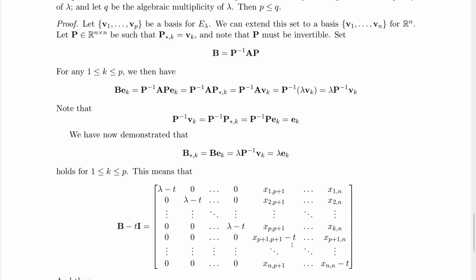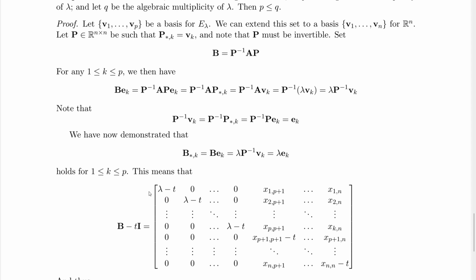And note on the rest of those diagonals we're subtracting T. But note something about this particular matrix. What happens when you take the determinant of this? Well, by cofactor expansion, because of all of the zeros present, when you cofactor expand, this here will isolate this term, but then a bunch of zeros will knock out everything else.